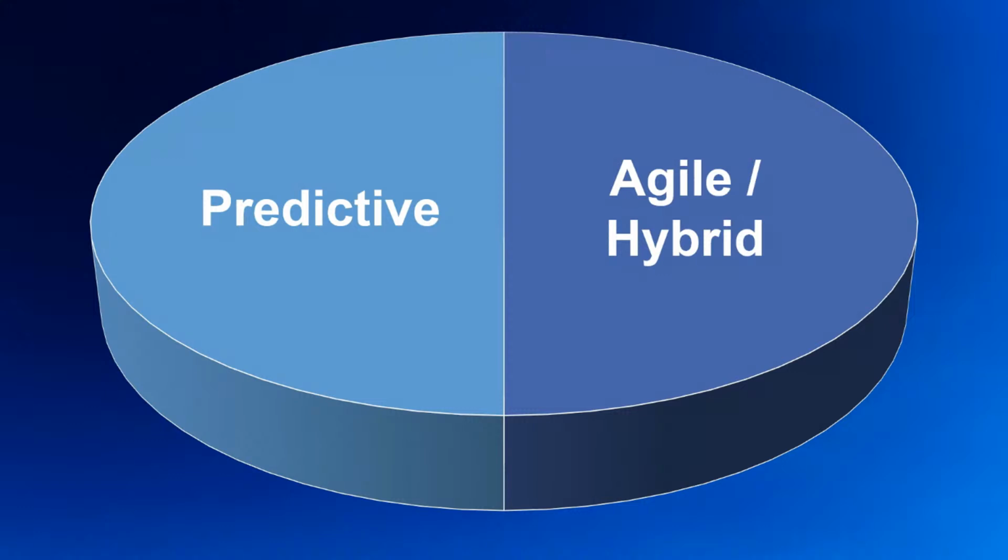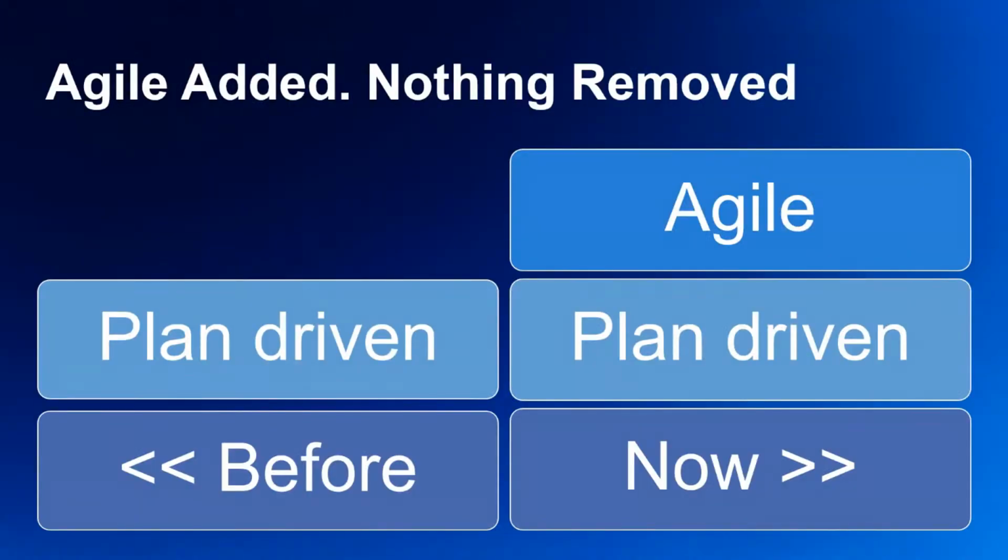But this is actually a misleading slide here, because this is what it truly looks like. Before the change, the questions were only about plan driven. That was 100%. And on the right hand side, the amount of plan-driven is still the same.